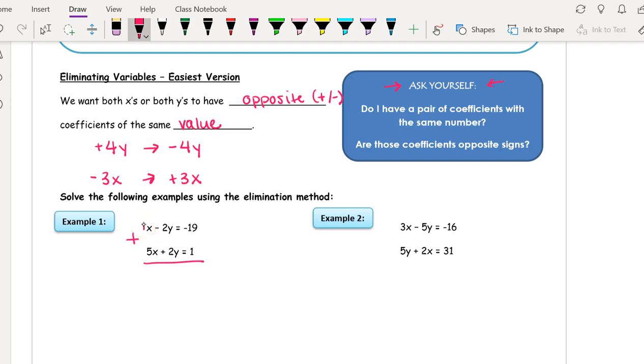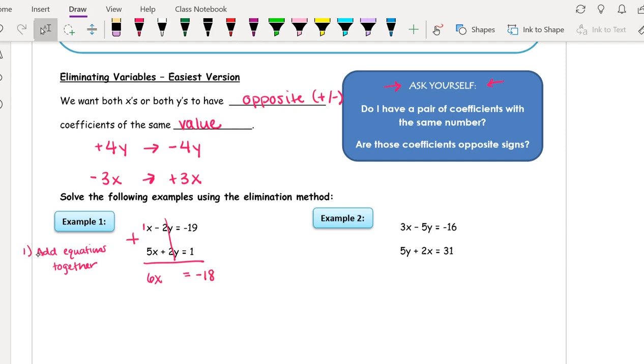Watch what happens. We're going to add equations together. 1x plus 5x becomes 6x. Negative 2y plus 2y cancels. It's gone because it's just 0y, and 0y is just 0. Equals negative 19 plus 1 is negative 18.